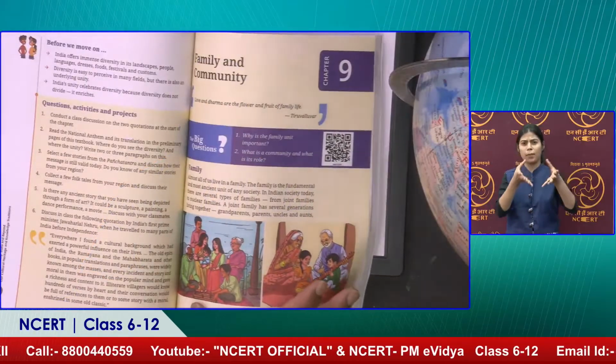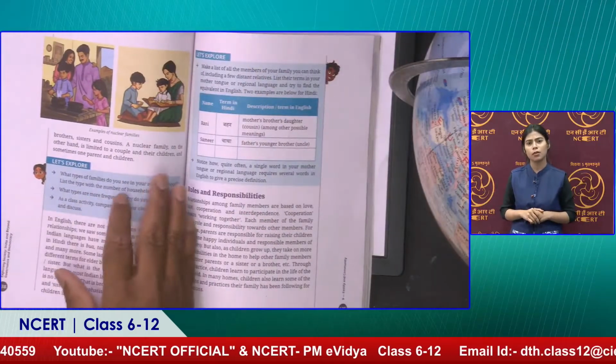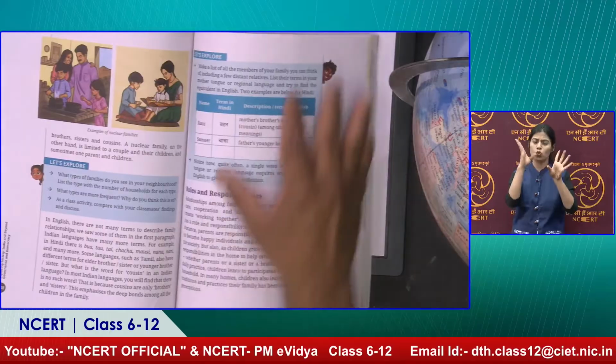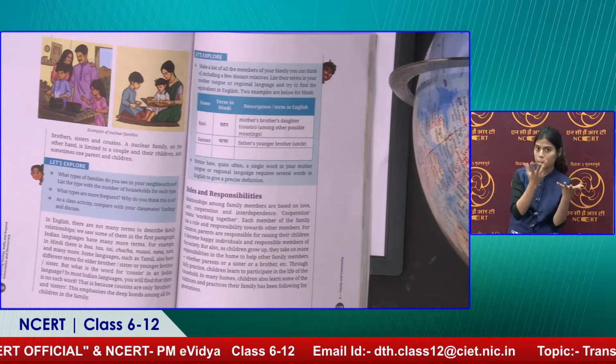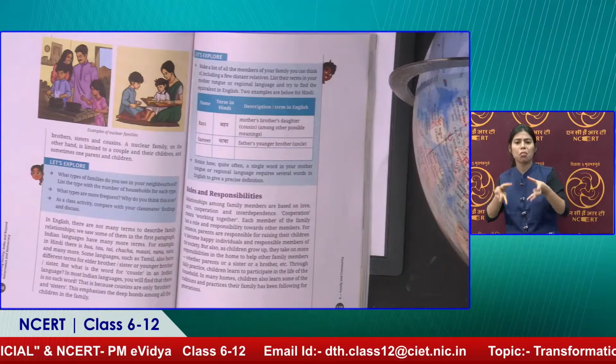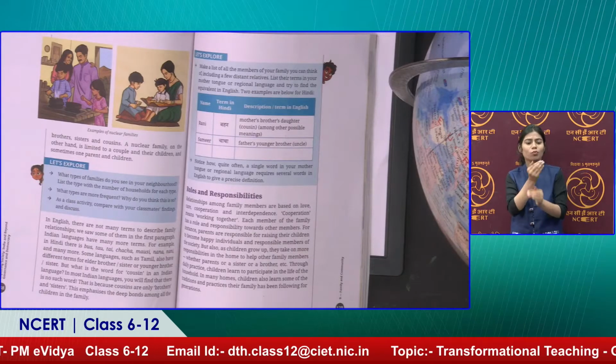Then if you look at this theme, family and community, and about the government, it also has 3-4 chapters, from family, to community, and then to the government. For example, there are local governments. Children are very young, so we cannot straight away introduce them to the central government and state government.